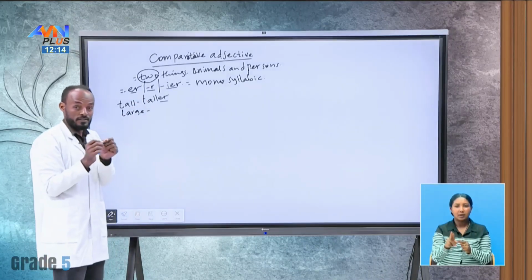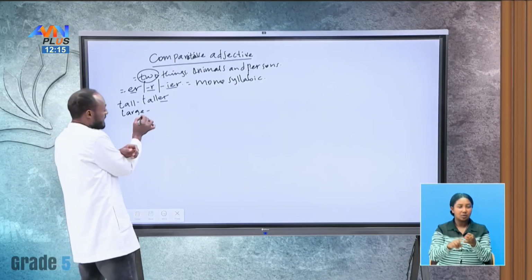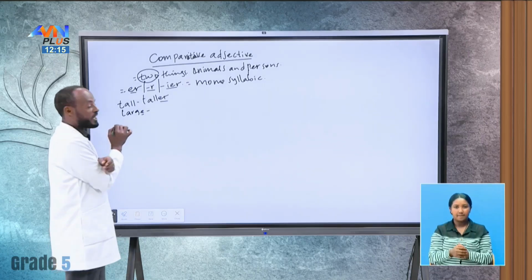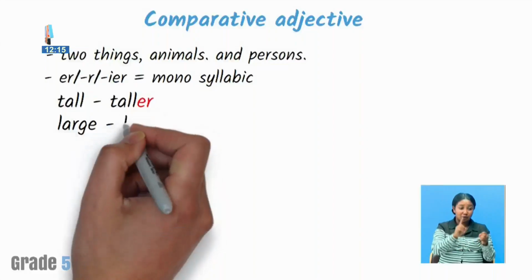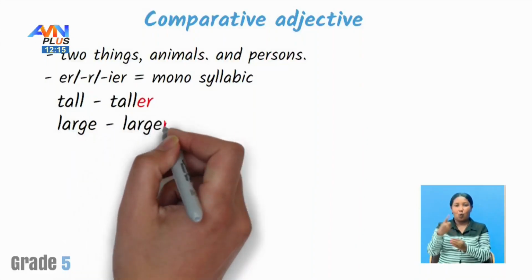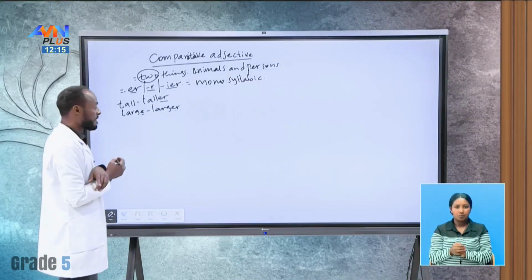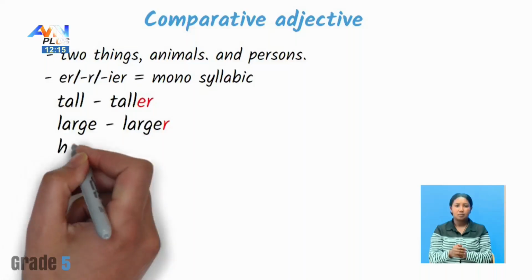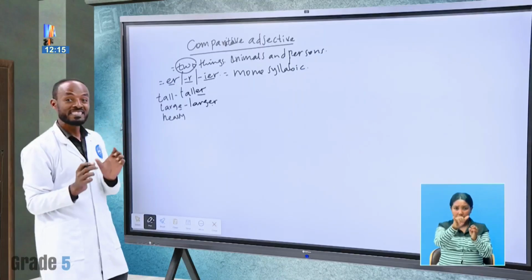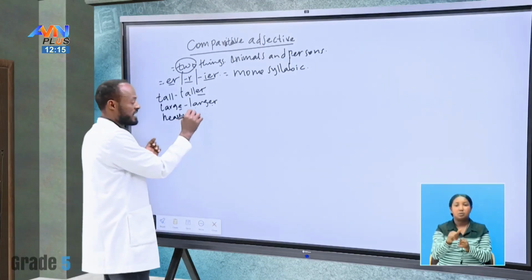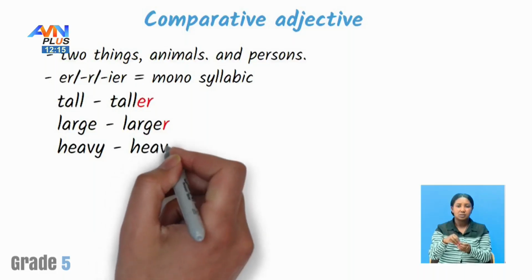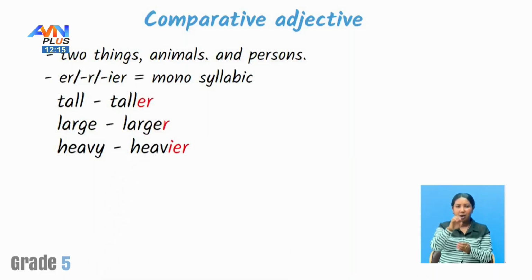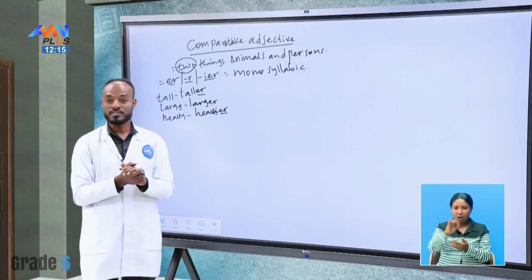If it is ended in E, we have to add only R here. Another point: if it is ended in Y, we have to add IER. This one is about comparative adjectives.